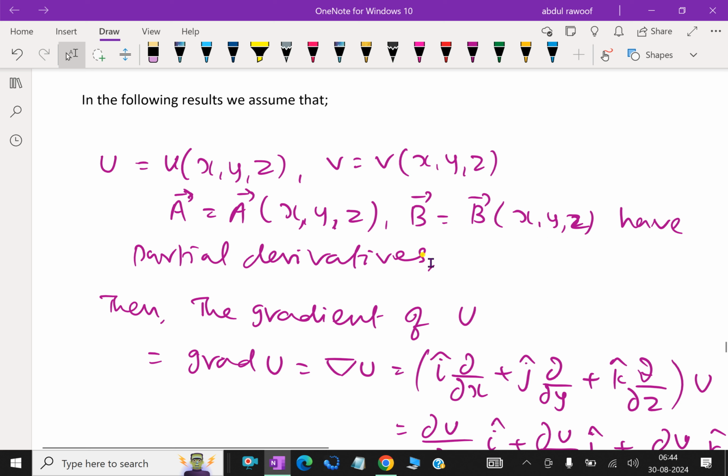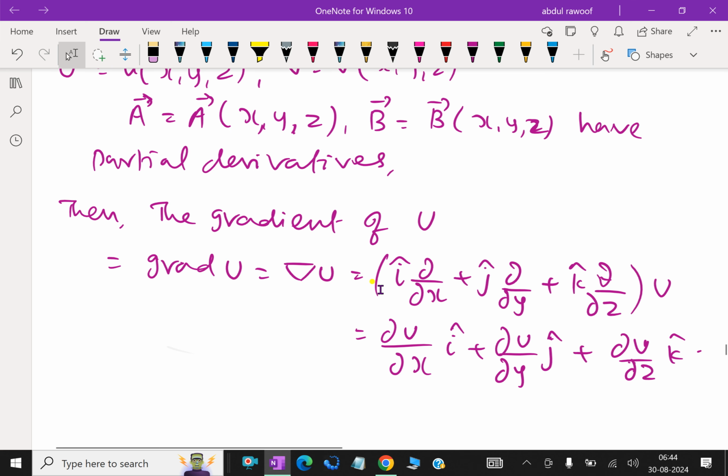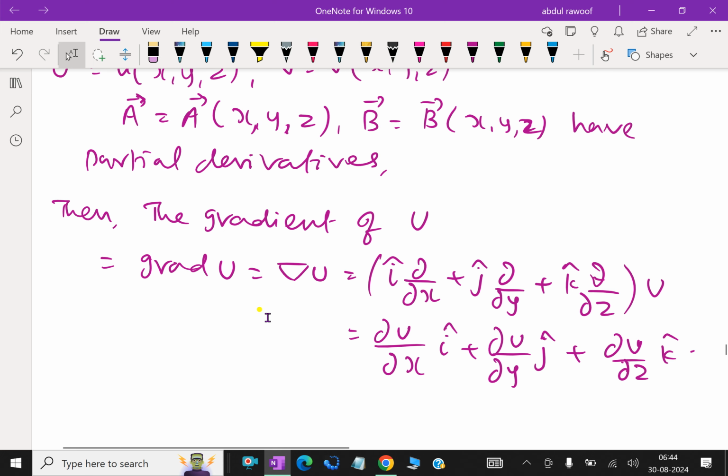Then we can write the gradient of u, grad u, which equals del u, equal to i vector dou by dou x plus j vector dou by dou y plus k vector dou by dou z of u. That is further equal to dou u by dou x i vector plus dou u by dou y j vector plus dou u by dou z k vector.